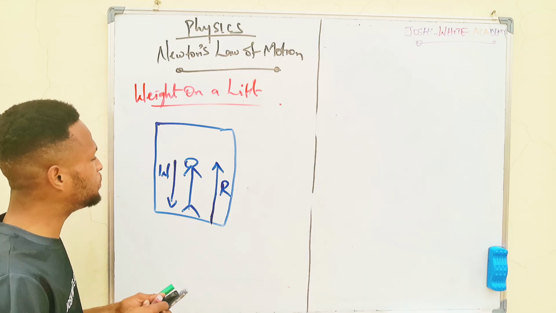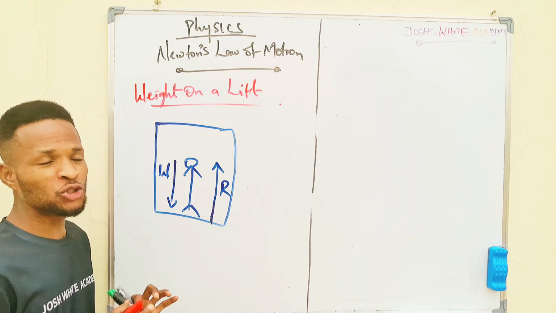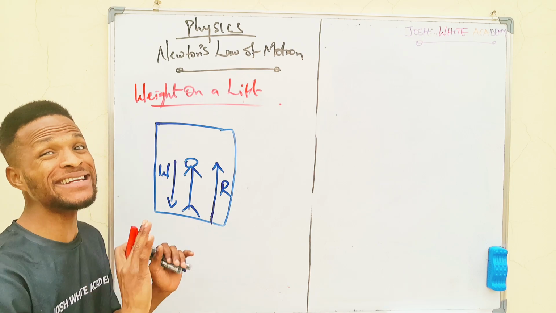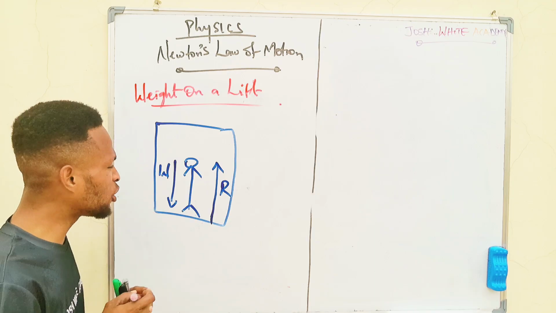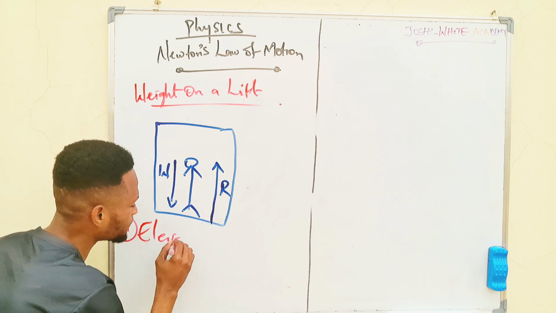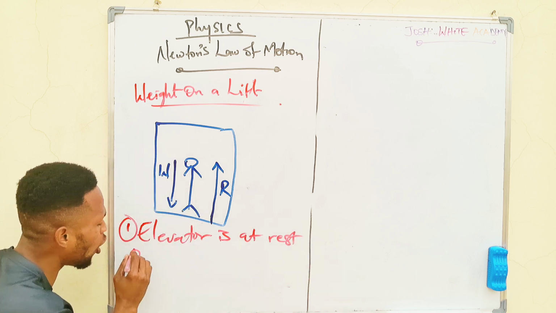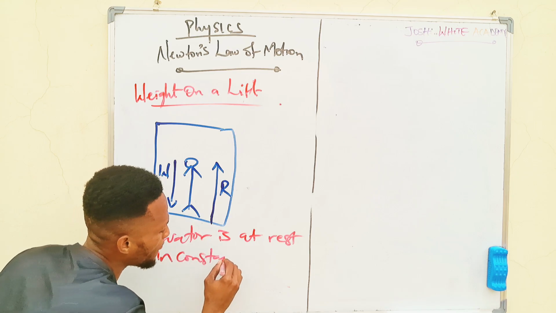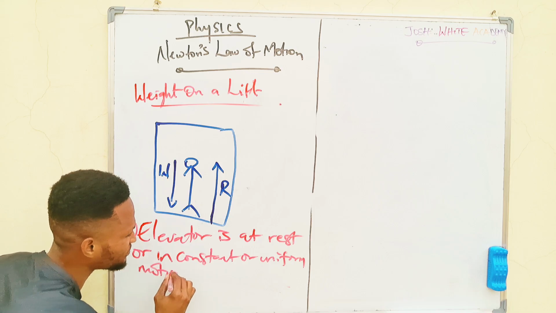So, we will be using this to explain 4 different scenarios of an elevator, so you can know how to master it and use it to crush any physics high school or college problems. Now, the first one is when an elevator is at rest or in constant or uniform motion.